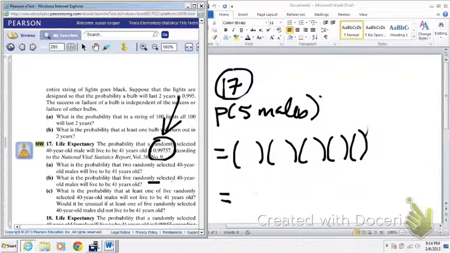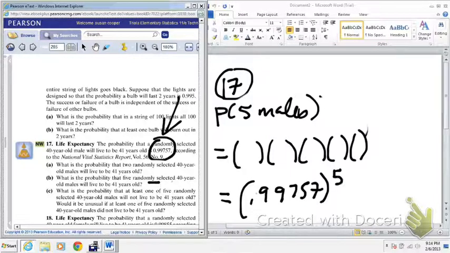But you guys are pretty good at algebra, so hopefully you're realizing that's 0.99757 raised to the 5th power. Good. So let's go ahead and crunch that out. I'm operating on the calculator along with you here. And so I'm getting about 0.9879.